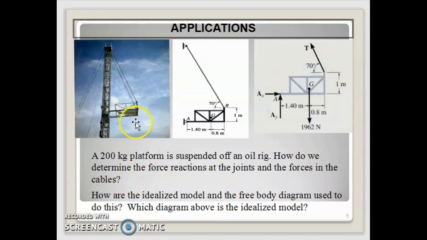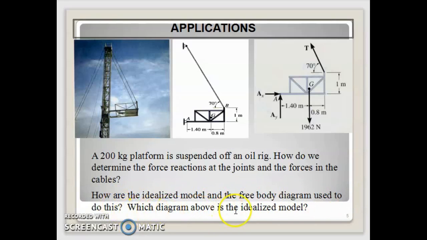Previously we only had a force externally exerted on the structure, but this time we have a joint like this and like this one, so how do we consider the force on those joints? How are the idealized models and the free body diagram used to do this?